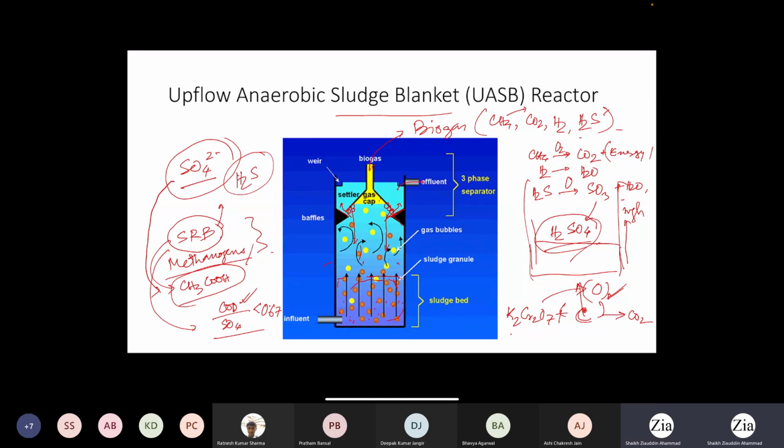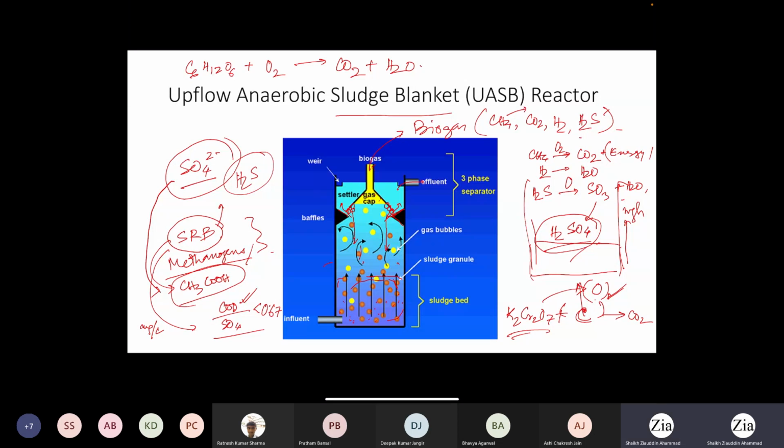Now, when you estimate the COD, you get a value which we generally express in milligram per liter, because here we estimate how much oxygen is required for completely oxidizing that compound. Like if you have glucose, you add oxygen. This oxygen is actually coming from dichromate, and then you convert it to carbon dioxide and H2O.